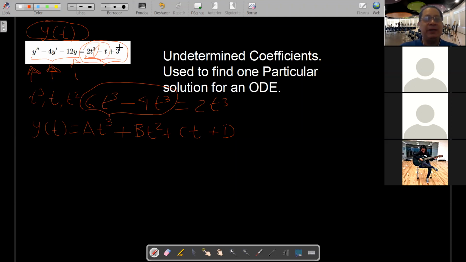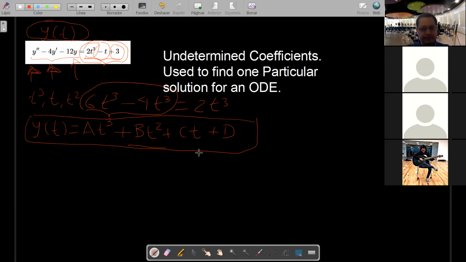And you need something like this, and you need something like this. So on the left side, you need some terms with t to the cube, with t, and with an independent coefficient. And maybe you need some terms with t squared. So our guess is a third order polynomial. That's the reason. Is that clear?